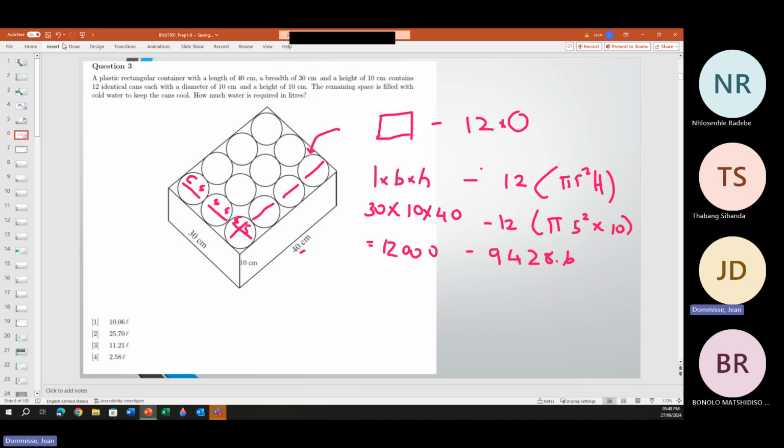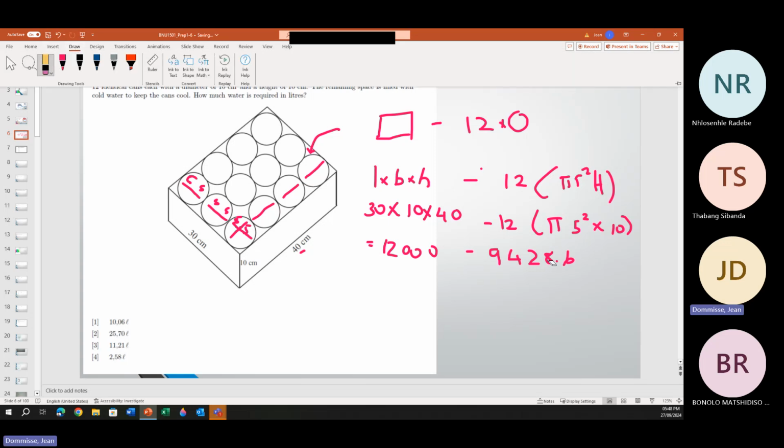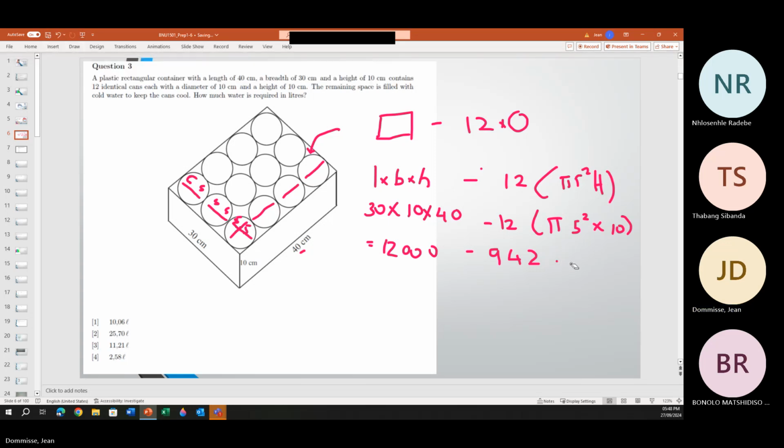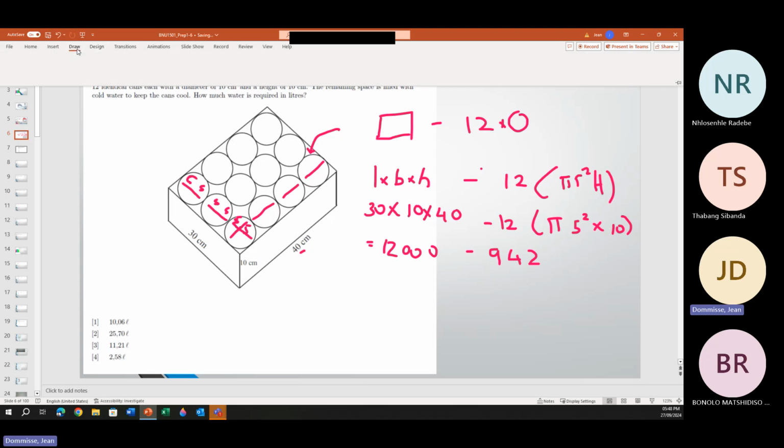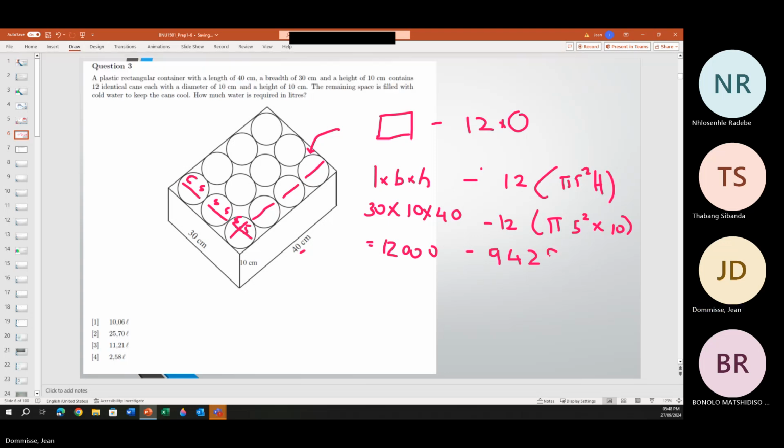So we can probably just round that off to 9429. So if we then work that component out, it is 2571 cubic centimeters.